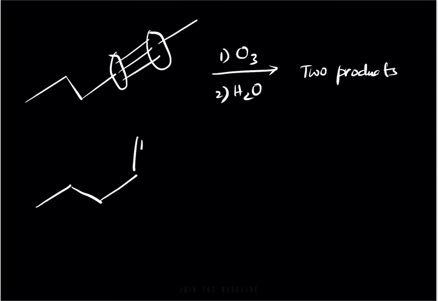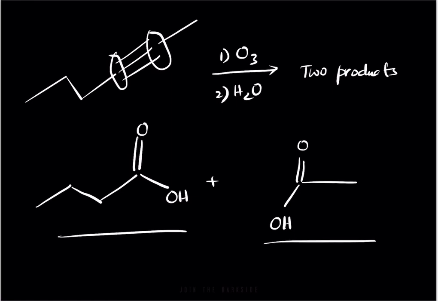So you get a structure with a double bond O and an OH, plus another structure where you have a double bond O and an OH. So this would be the splitting across the structure. Each split results in an oxygen double bonded and a bond to OH.